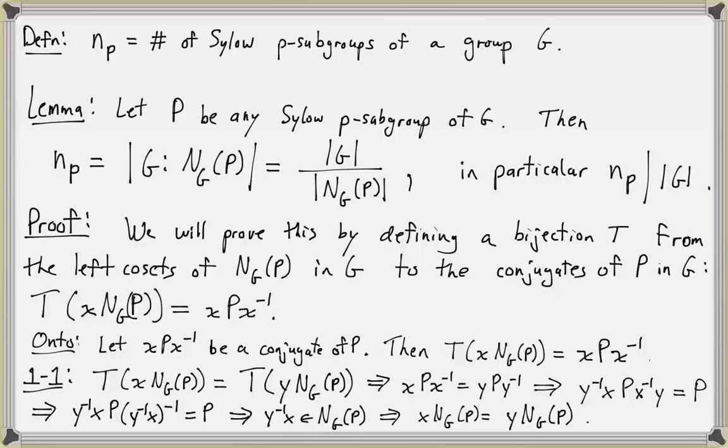So we see that we have defined a bijection T from the set of left cosets of the normalizer to the set of conjugates of P. And so therefore, the number of left cosets of the normalizer must equal the number of conjugates. Well, the number of left cosets of the normalizer is the definition of the index of the normalizer in G.